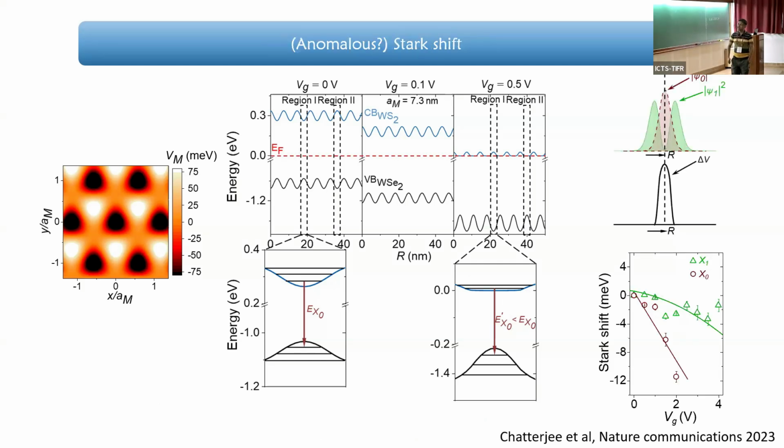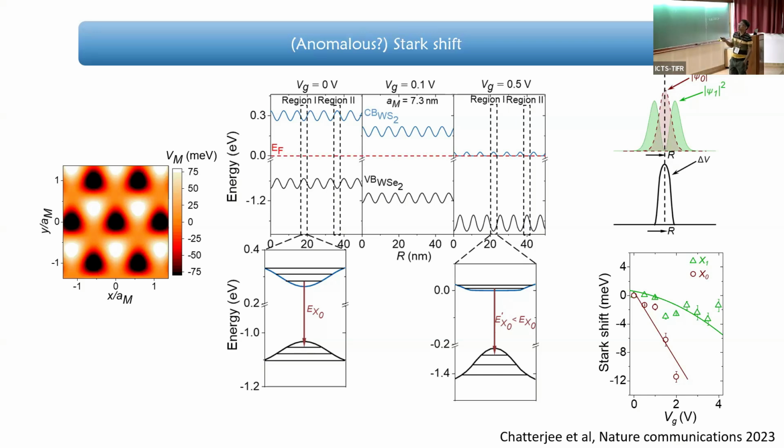So, what's the signature of this? If you look at it again, the potential fluctuation, the maximum you will see is when this is hitting this, right? This is the center of the Moiré pocket. Right here, you will have maximum perturbation, and away from it, you have minimum perturbation. Now, if you look at the wave function, mod psi squared, psi of x0 is centrally peaked, while psi of x1 has two lobes.